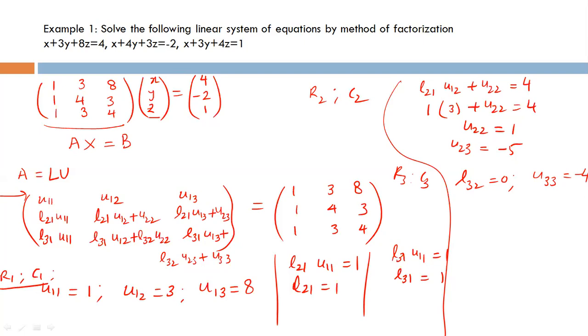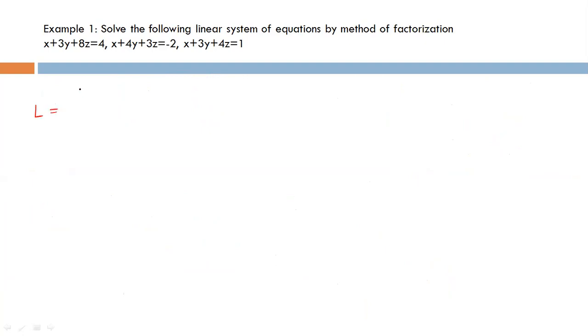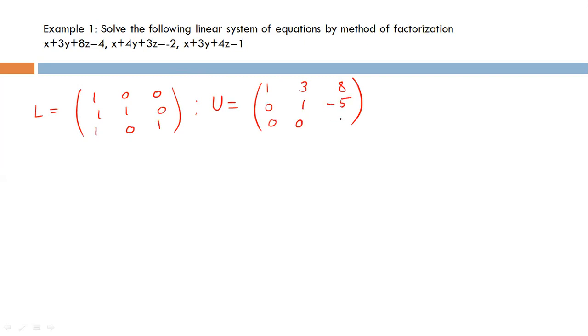Now we can separate L and U matrices. So what is now L matrix? Now L matrix can be written as 1 0 0, you put the value of L21 now, 1 1 0, L31 1, L32 0 1, and you put the values of U: U11, U12, U13 as 1 3 8, 0, U22 1, U23 minus 5, 0 0, U33 it is minus 4.